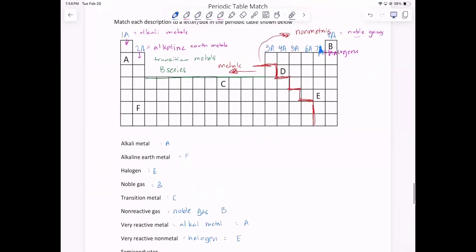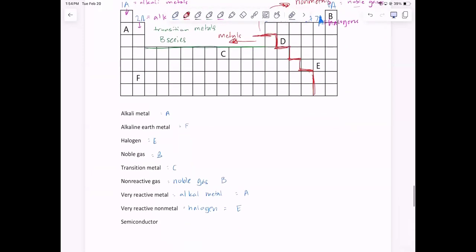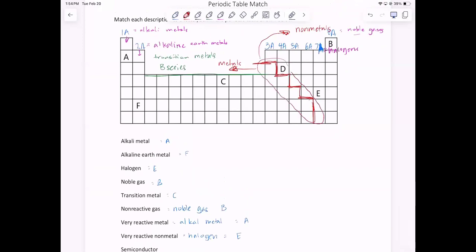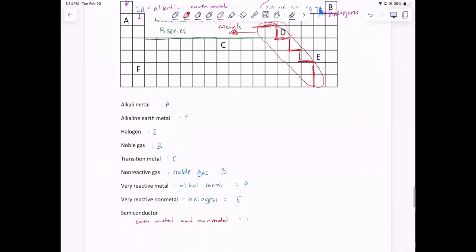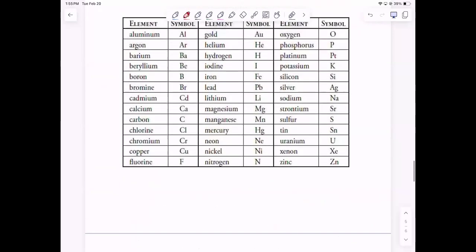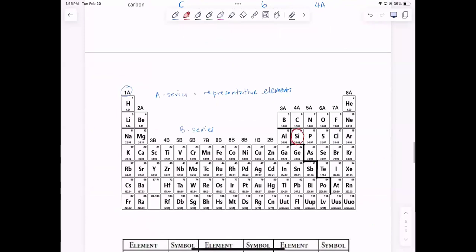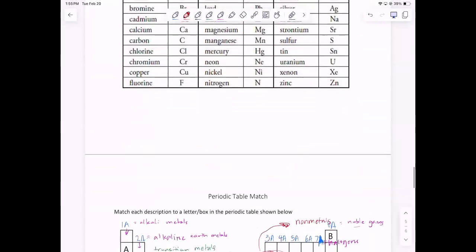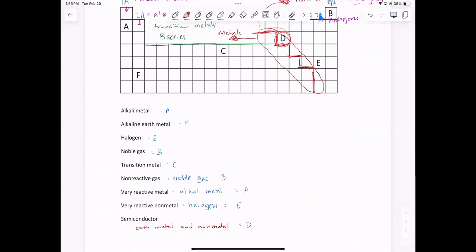And then a semiconductor, which I didn't get to talk about yet, is halfway between being a metal and a nonmetal, so basically being on this line. That would be D here. If you go back and look at D on the periodic table, that box is this Si, which is silicon. Silicon is called a semi-metal, or also a semiconductor.